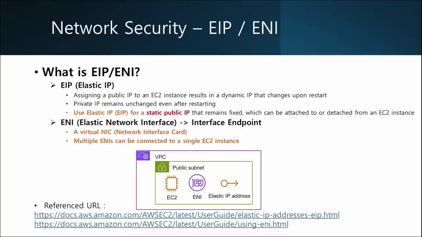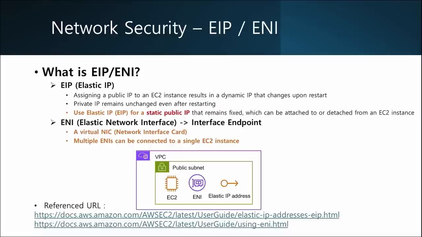Next, let's learn about EIP and ENI. EIP stands for Elastic IP, and ENI stands for Elastic Network Interface. First, EIPs can be assigned to EC2 instances as static public addresses. When you assign a public IP to an EC2 instance, it becomes a dynamic IP and may change each time it is restarted.